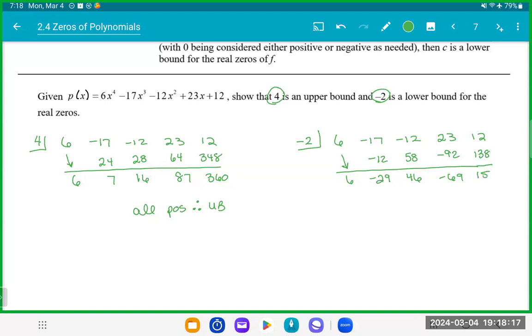And that gives me 150. So you can see here, I'm alternating my signs. I have negative, positive, negative, positive, negative, positive. Therefore, that tells me I have a lower bound.